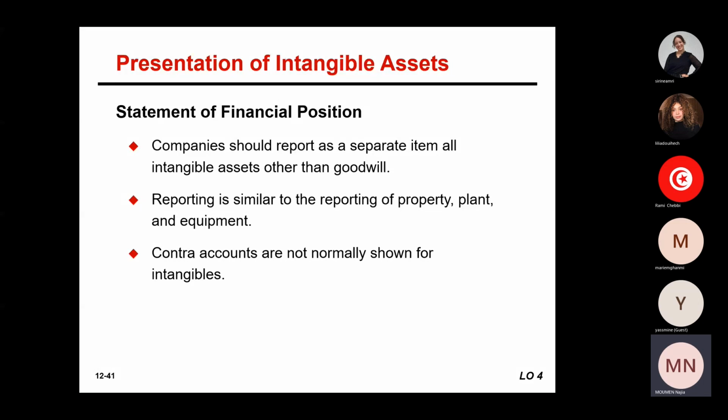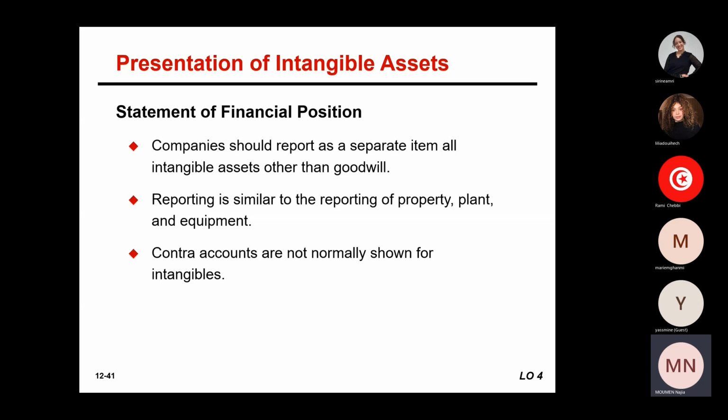This is how we also proceed with intangible assets in the balance sheet. We should outline all the intangibles in a separate manner. So if you have copyrights, trademark, franchise license, patent, goodwill, all of them will be provided in a separate way.